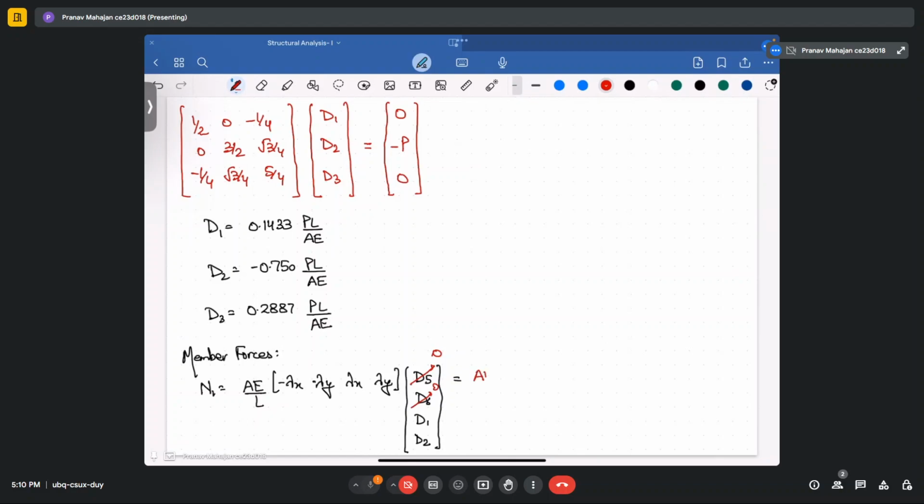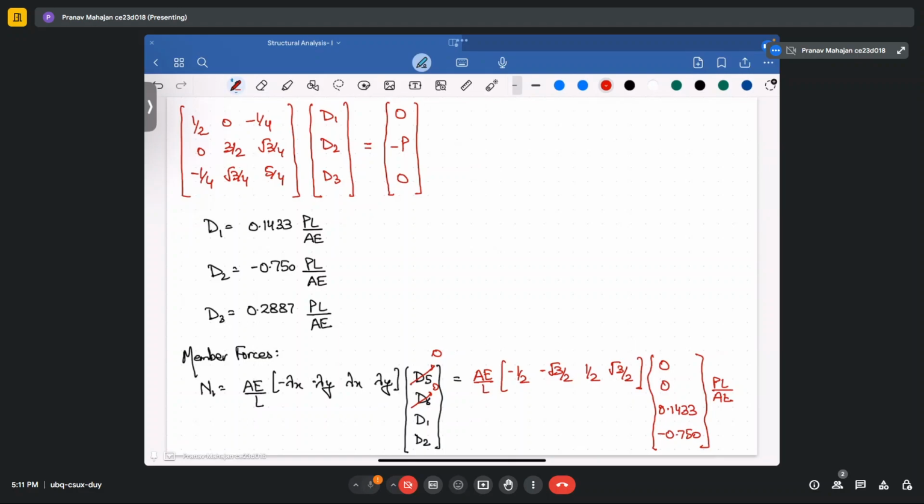You will get AE upon L times minus 1 by 2, minus root 3 by 2, 1 by 2, root 3 by 2, into 0.1433, and here it is minus 0.750, into PL upon AE.